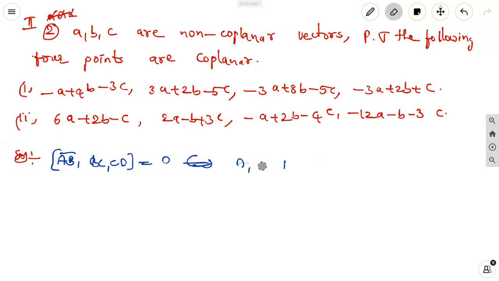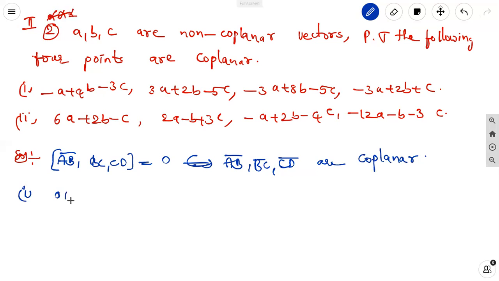When it satisfies the 0 relation, AB vector, BC vector, CD vector are coplanar vectors. If it is equal to 0, coplanar vectors. If it is not equal to 0, non-coplanar vectors. So first take what they have given as the points.